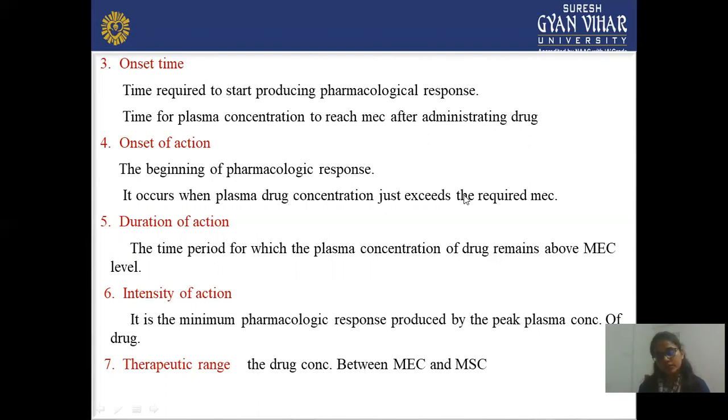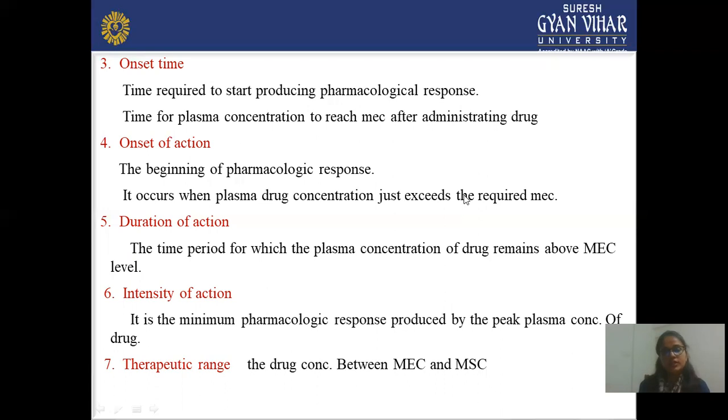Next is onset of action. The previous one was time, meaning you check how much time is required for showing the desired pharmacological effect. Onset of action means how the action is produced, or how the pharmacological response is observed for a particular drug. The beginning of a pharmacological response, the starting of your desired therapeutic response, is known as onset of action.